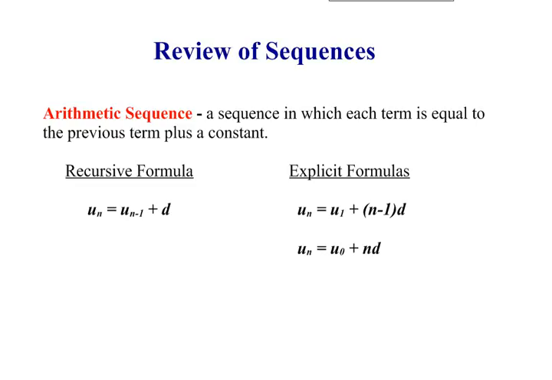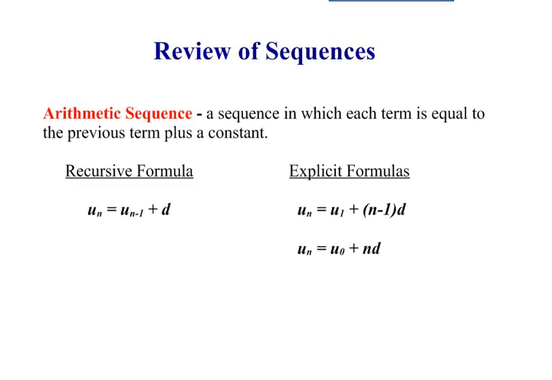Quick review of sequences. An arithmetic sequence is a sequence in which each term is equal to the previous term plus a constant, meaning we're adding the same number every time. So with an arithmetic sequence, we learned a couple formulas, you'll remember.